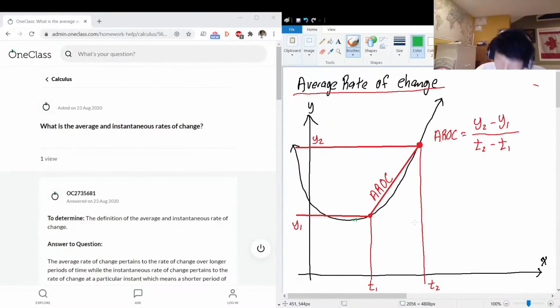But the instantaneous rate of change is the derivative. And it's tangent, so it's a tangent line. So if I were to draw a line for the instantaneous rate of change right there, I think I can reposition this.